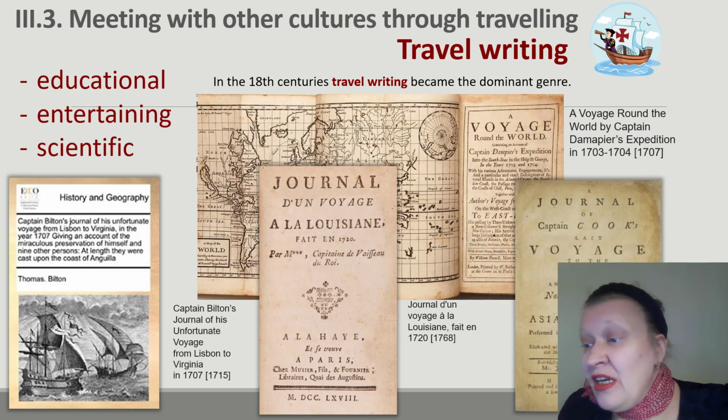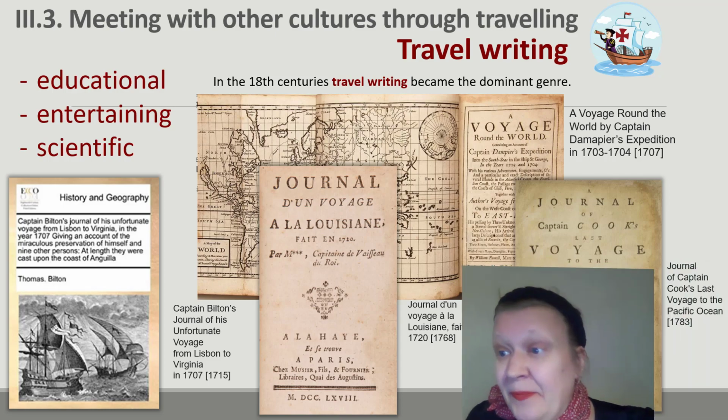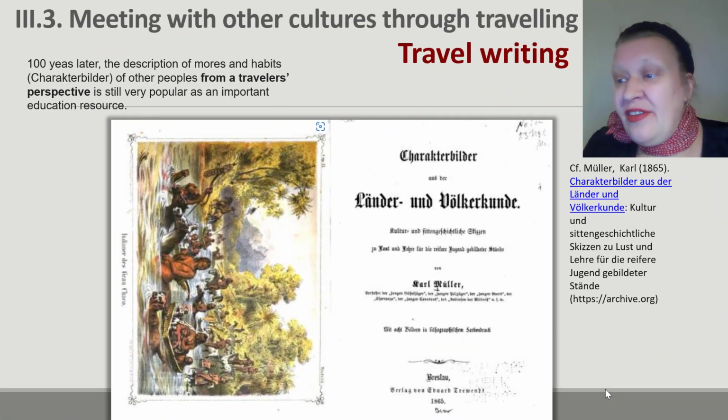For example, travel writing provided information for geographical and ethnographical studies. In the 19th century, the description of mores and habits of other peoples by travelers, Charakterbilder, is still an important educational resource, as we can see from Karl Müller's book published in the mid-19th century.